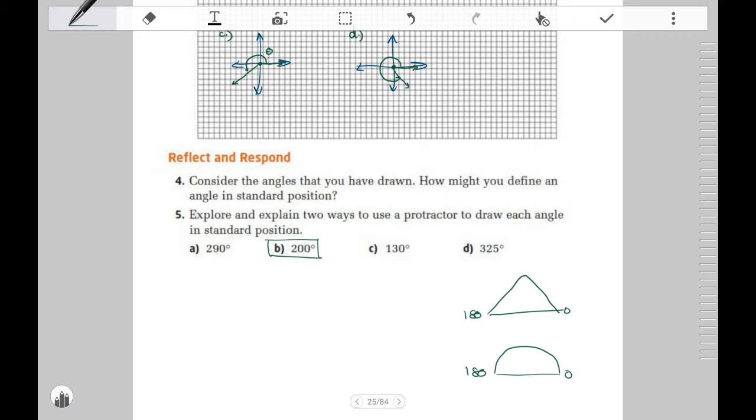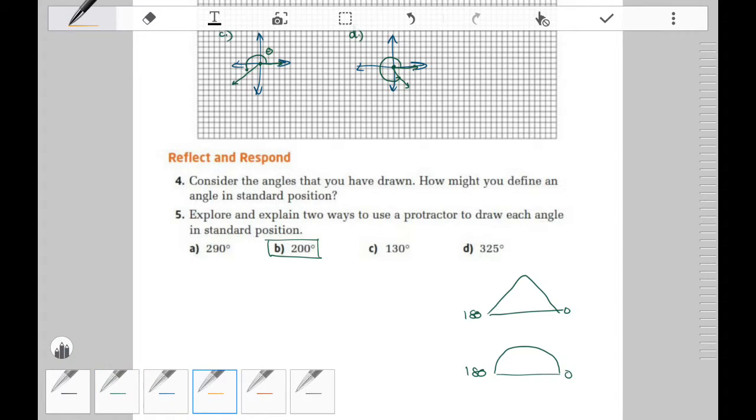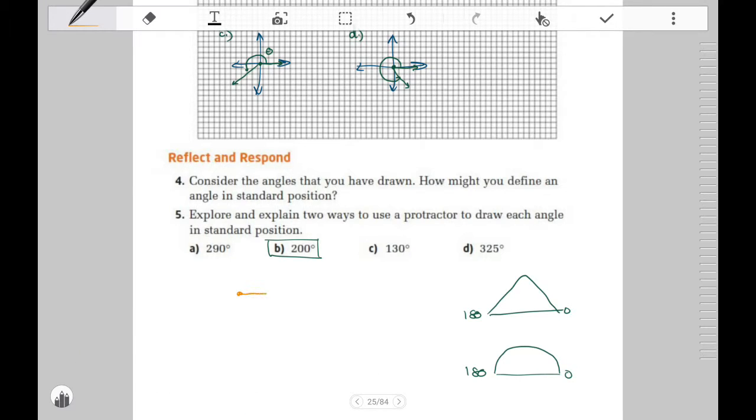For 200 degrees, we could think of this in two ways. One way, which I'll do in yellow, is our protractor only goes up to 180, so we can draw an initial arm. We know that directly across is 180. So really, to make this angle of 200 degrees, we just need to draw 20 degrees more than that.